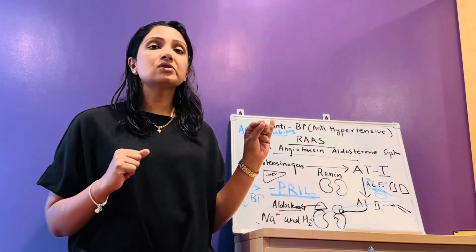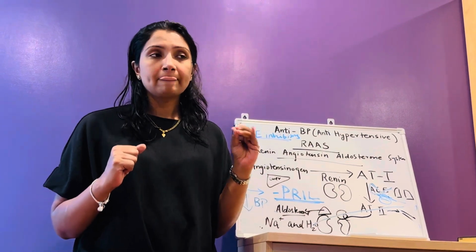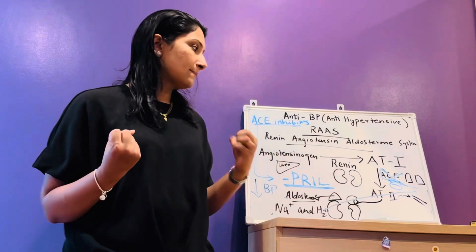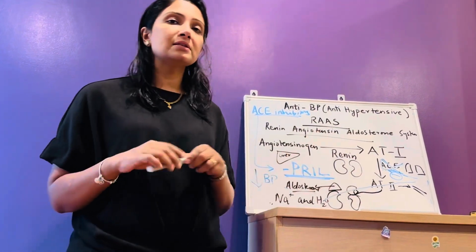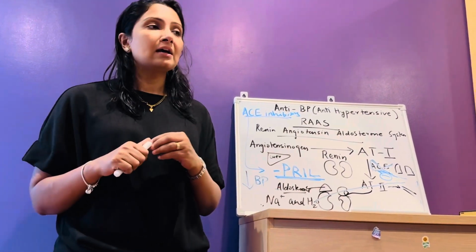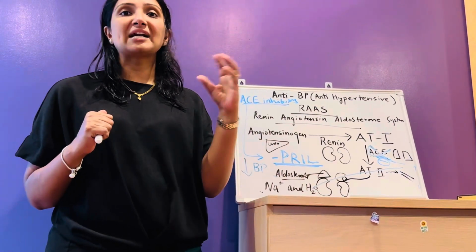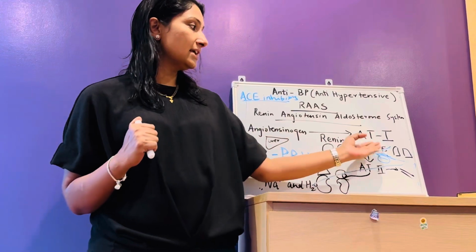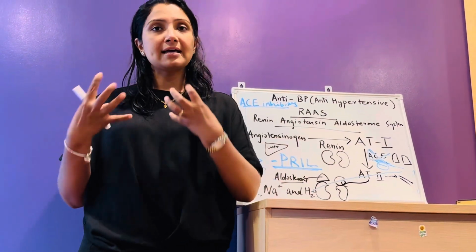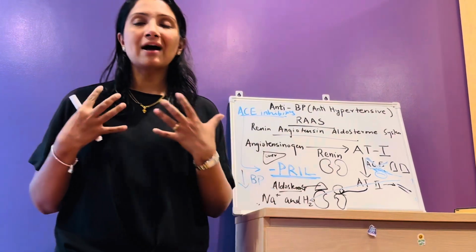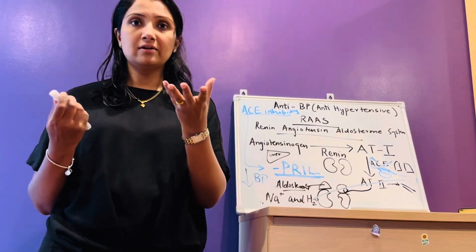The other major adverse effect is dry, non-productive cough. So what happens is the ACE, angiotensin converting enzyme, is also called kininase. This normally breaks down bradykinin. Now, since you're giving an ACE inhibitor, bradykinin accumulates in your body, and therefore it can cause the dry, irritating, non-productive cough.